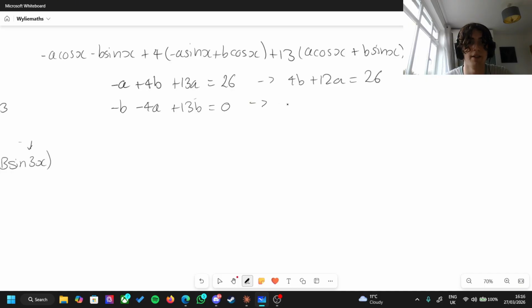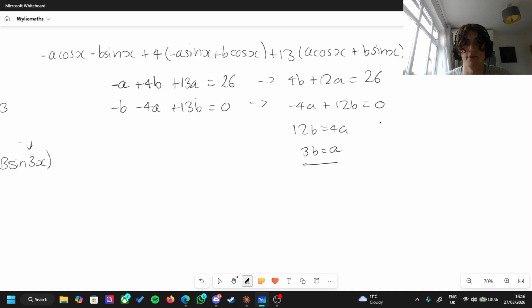Again, we can simplify this to be minus 4a plus 12b is equal to 0. This gives us a relation between a and b. So 12b is equal to 4a, and 3b is equal to a. That is dividing this equation by 4.